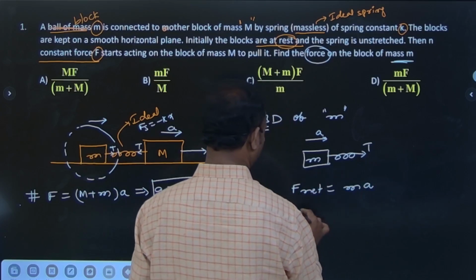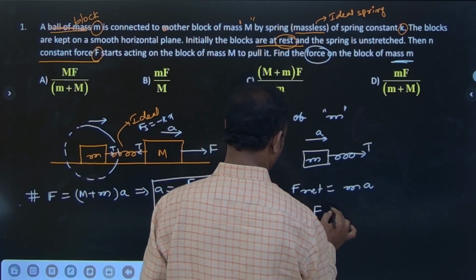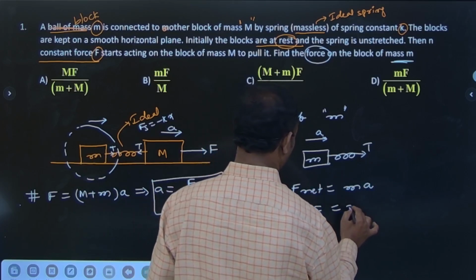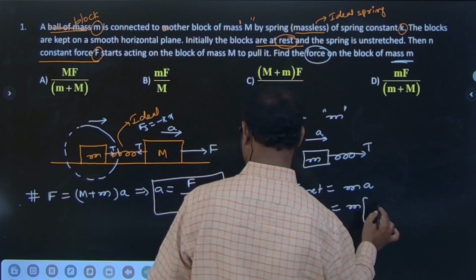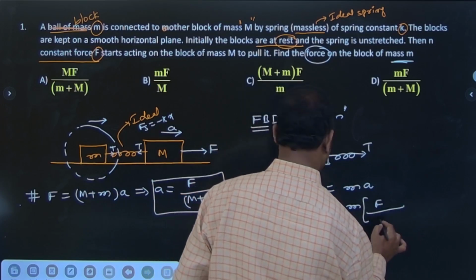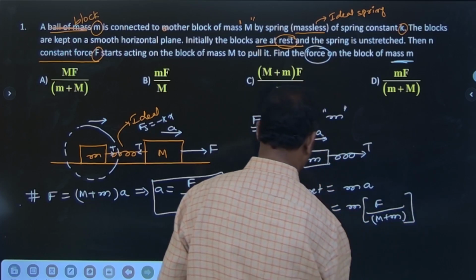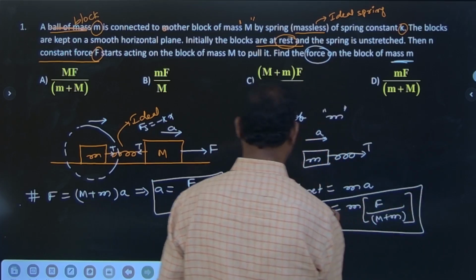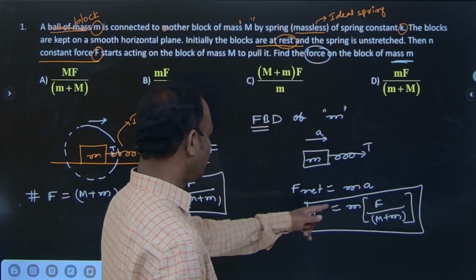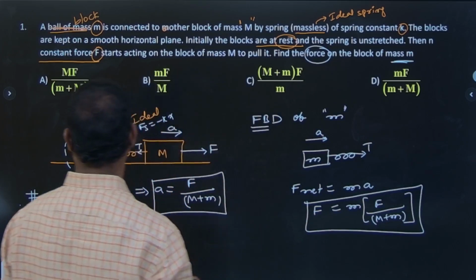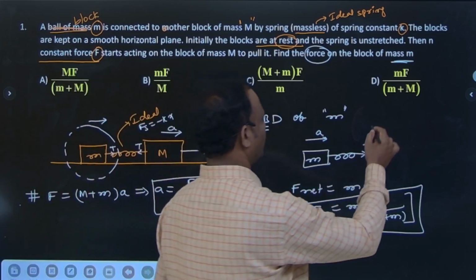The force on this block is equal to small m into the acceleration, F by capital M plus small m. So the answer is F into small m by capital M plus small m.